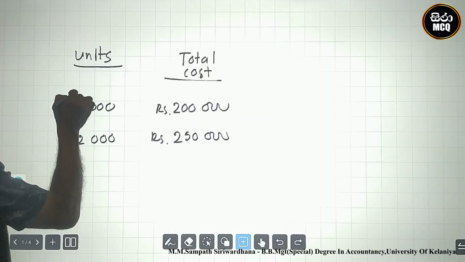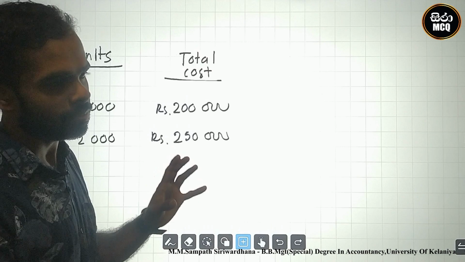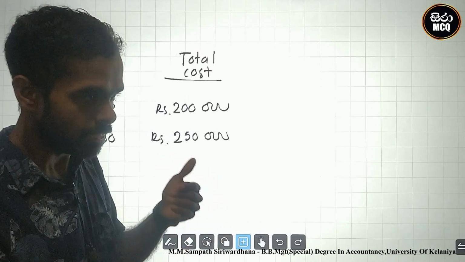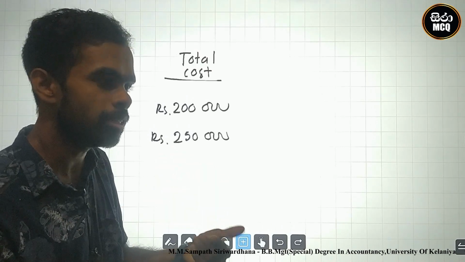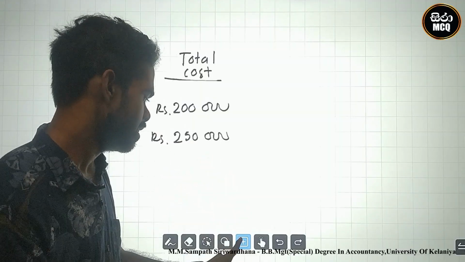This is 1000 unit production, this is 2000. Only if the activity level exceeds 2500 must the additional fixed cost be incurred.